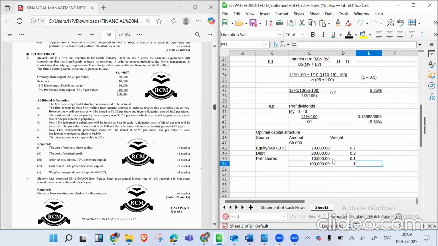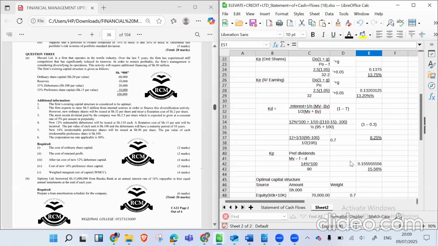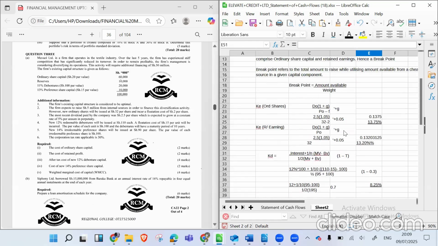Now, when I'm raising these new funds, I know that equity has only one weight. But when you look at the component costs, I have two: retained earnings and ordinary shares. Looking at the two, retained earnings are cheaper than ordinary shares.